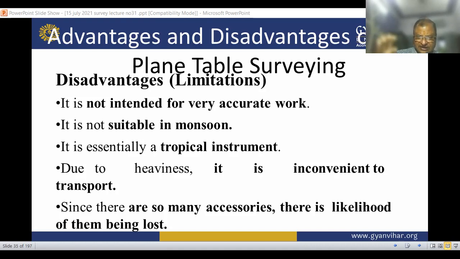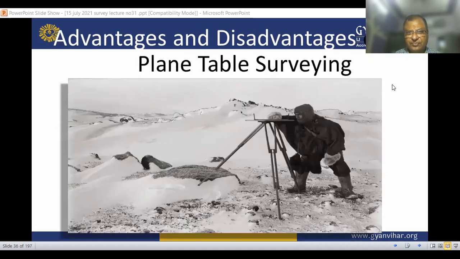Since there are so many accessories, there is a likelihood of them being lost. So these are the advantages and disadvantages of plane table surveying.